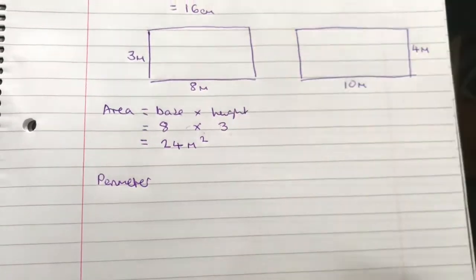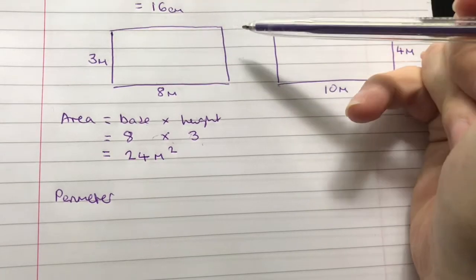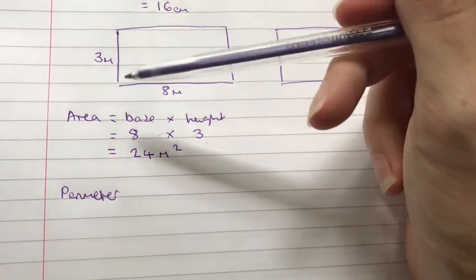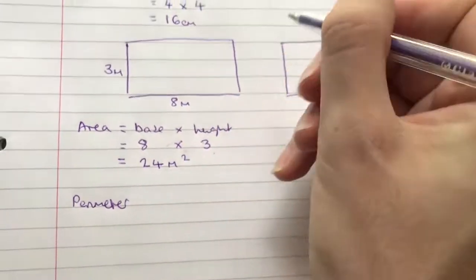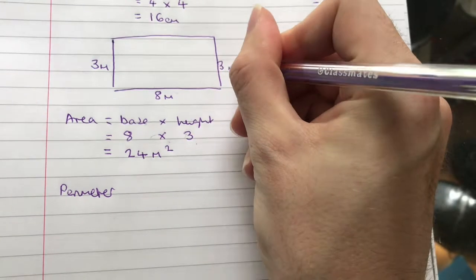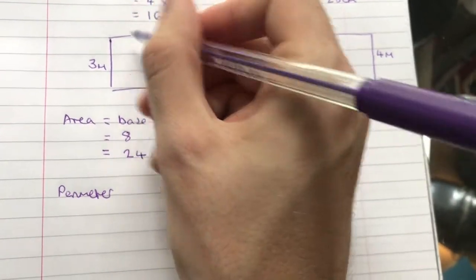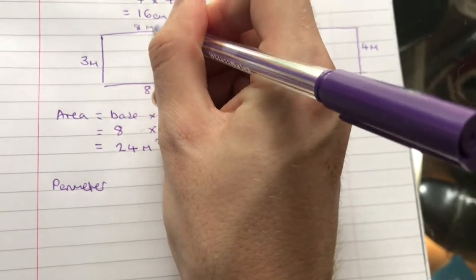Remember last time what we first did was work out all the side lengths and add them up together. So we know opposite sides are equal, so we know this is also 3 metres. We also know that because this is opposite 8, this is 8 metres.